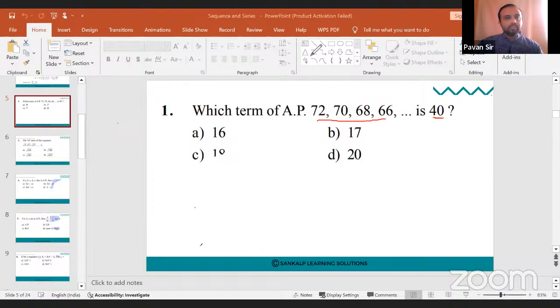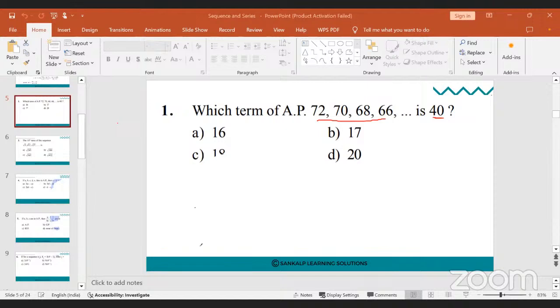One minute time. Because T2 minus T1 will give you the common difference. That is minus 2 is the common difference over here. Just try to understand and give the answer fast.